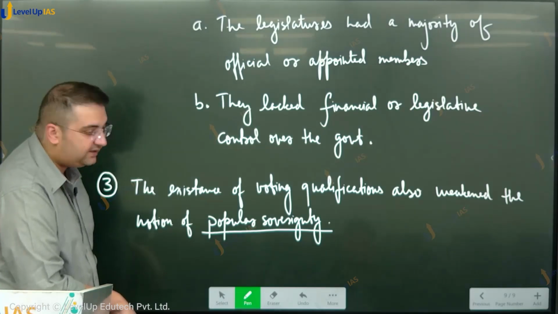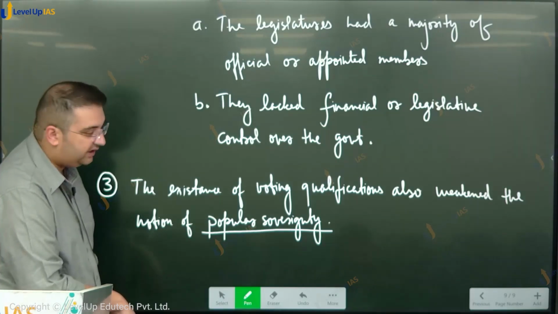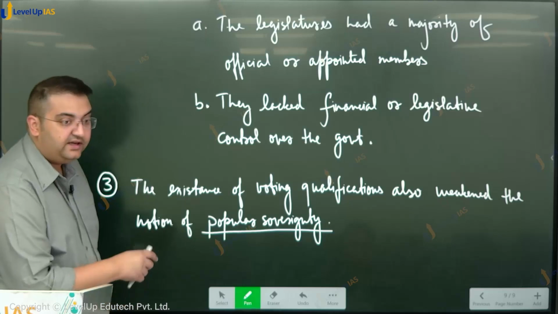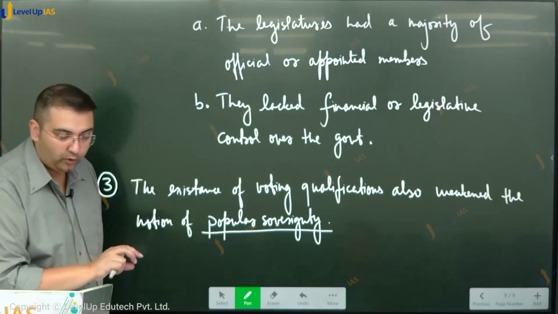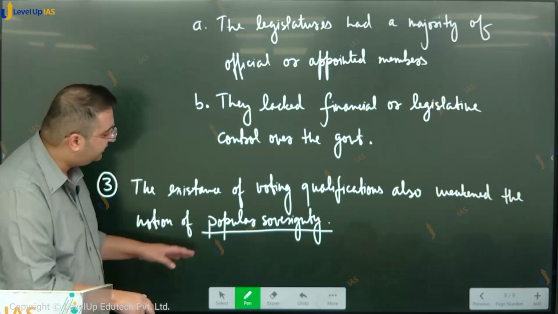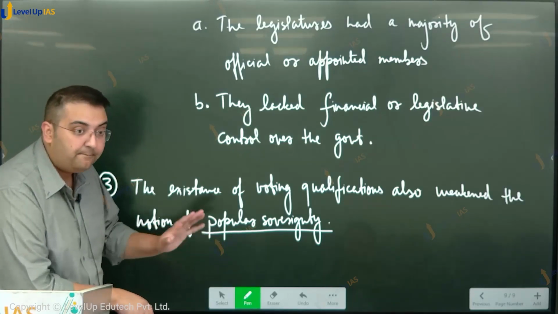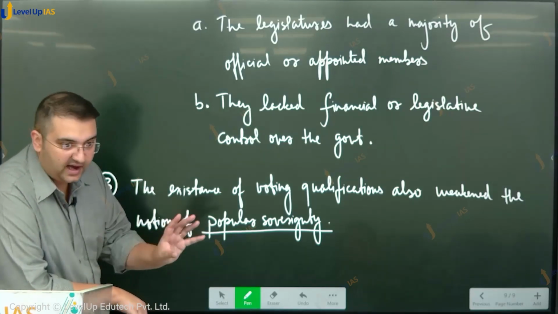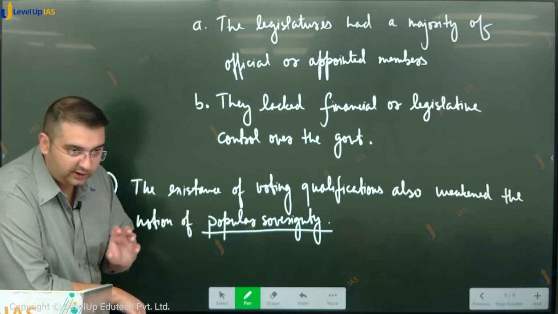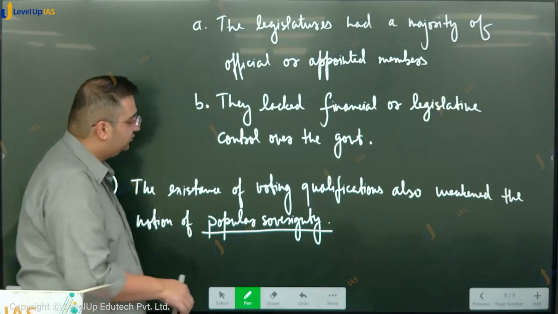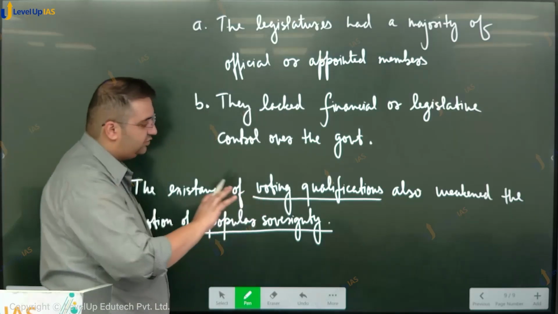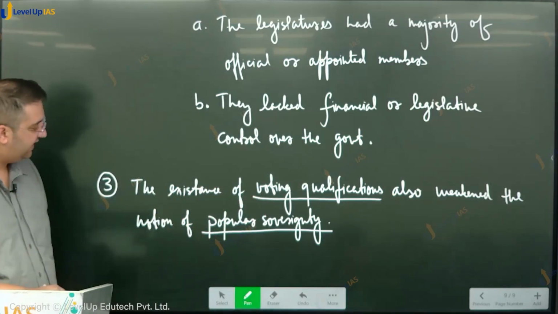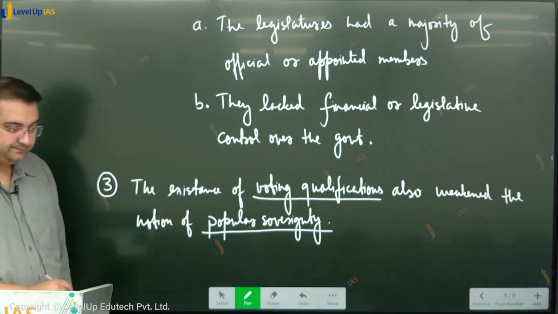However, this mechanism, the Morley-Minto reforms, provided for a very small section of the Indian population being eligible to vote. That means popular sovereignty was replaced by a kind of oligarchy of a small, elite minority. So in voting qualifications की वजह से popular sovereignty का जो notion था, that was also violated. ठीक है?